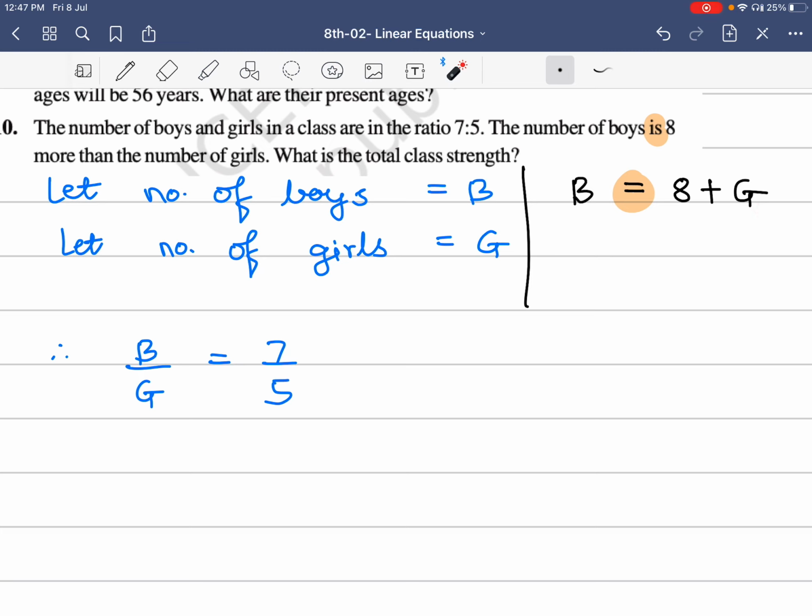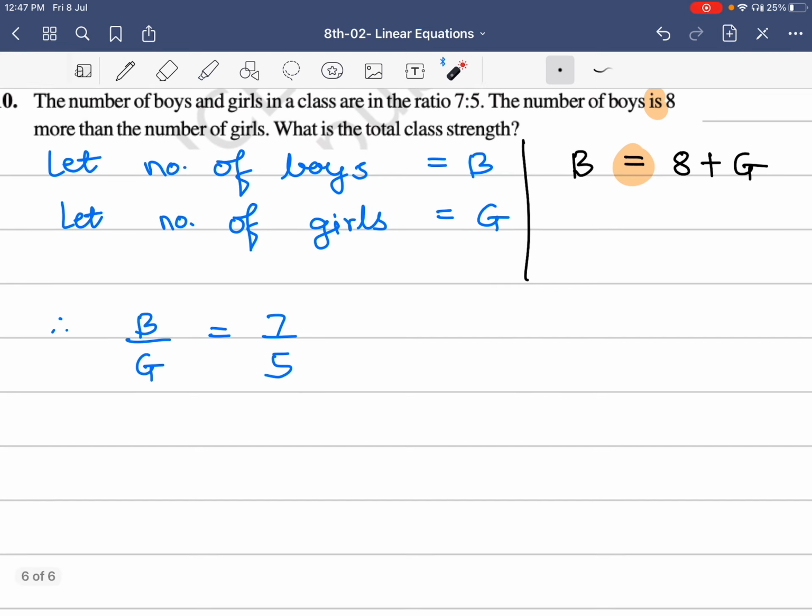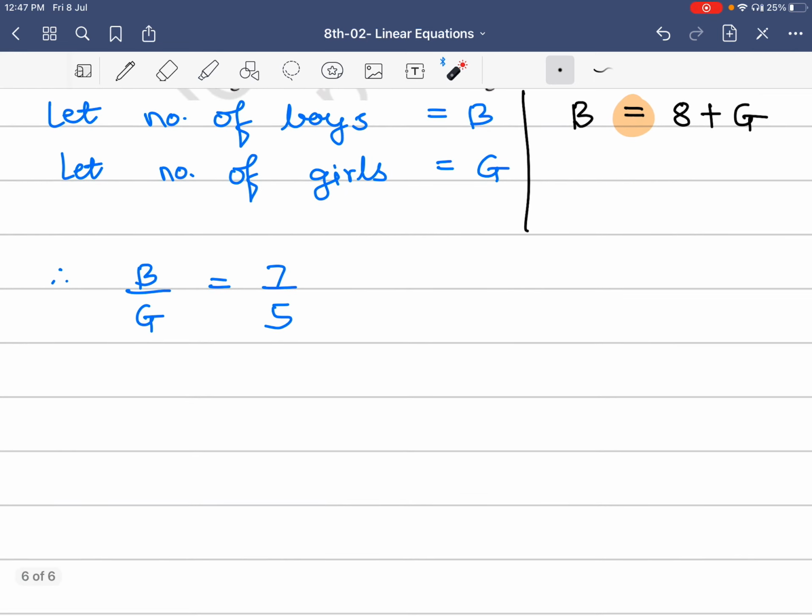So B is equal to 8 plus G, that is the second mathematical equation we get from the problem statement. Now what is the total class strength? So we have to find the values of B and G, and if you do B plus G, that will be total class strength.